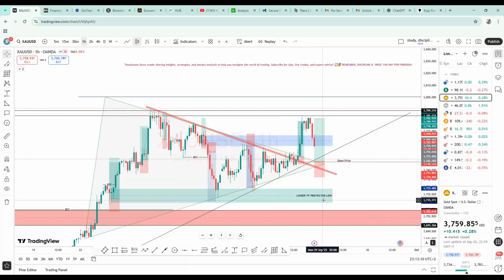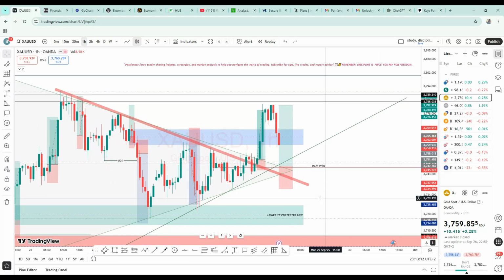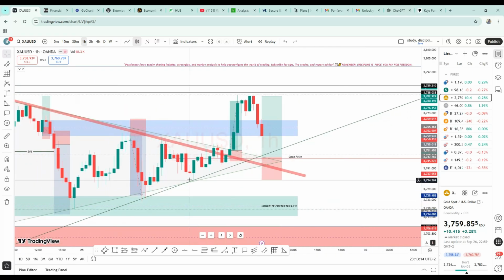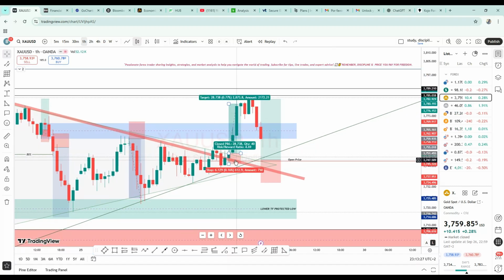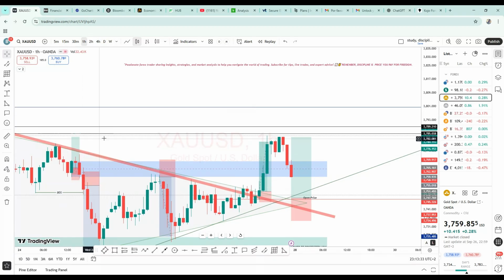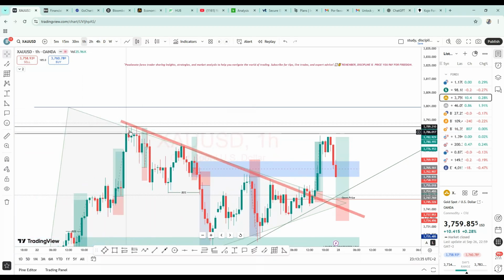Then last Friday, at the time of making this video it is Saturday already, the price broke out of this resistance level. As I mentioned before, it is a continuation pattern, so I had to take a buy and target the previous high of this level.